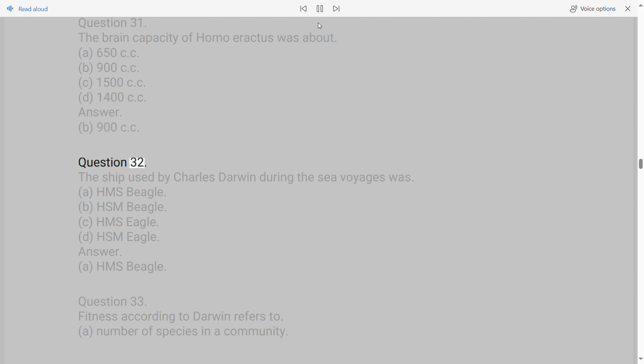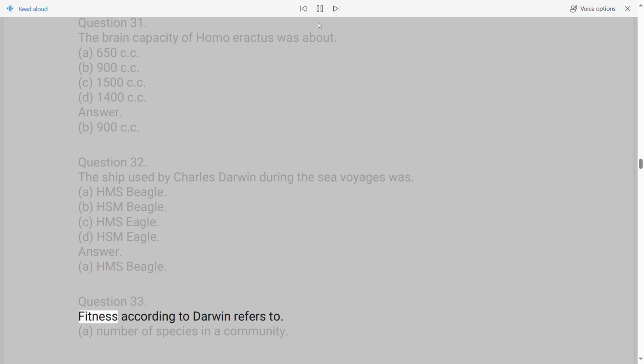Question 32. The ship used by Charles Darwin during the sea voyages was A. HMS Beagle. B. HSM Beagle. C. HMS Eagle. D. HSM Eagle. Answer. A. HMS Beagle. Question 33.